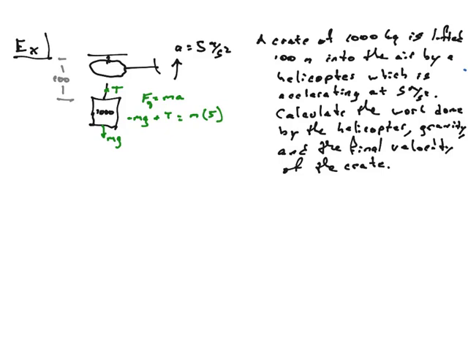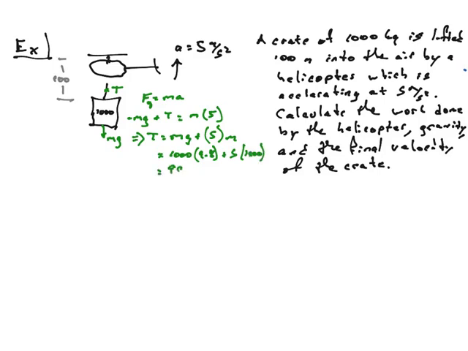Now what do I want? I'm trying to figure out the tension, because the tension tells me how much force is applied to my crate. That's what's lifting the crate, the tension. So let's solve this equation for T. You bring the minus mg to the other side, it becomes plus mg plus 5 times m. Plugging in our numbers, what's the mass of the crate? 1,000 times 9.8 plus 5 times the mass of the crate, 1,000.